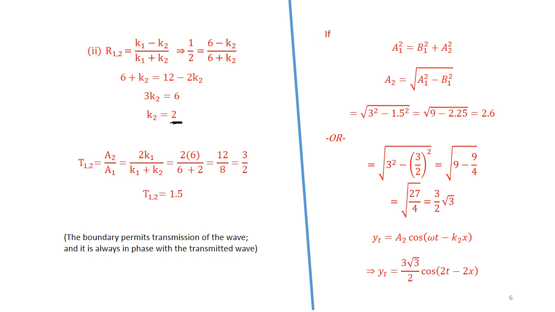The wave number in the second medium is 2. And we can now obtain our transmission coefficient from this formula, which is 2k1 over k1 plus k2, which is 12 over 6 plus 2, which is 3 over 2. So transmission coefficient 0.5.